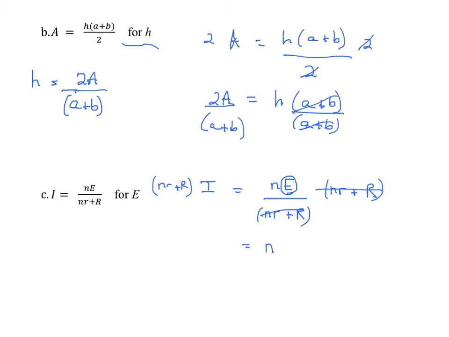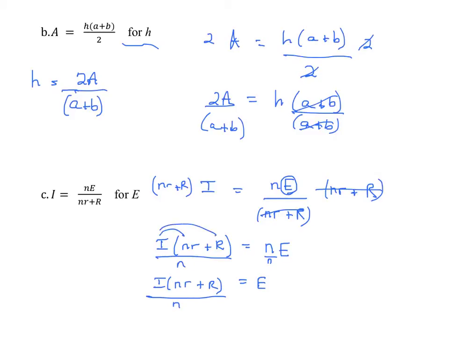So I'm left with n capital E equals I times (n little r plus capital R). Since I'm solving for E, I just divide everything through by n, and I'm all set. E is equal to I times the quantity (n little r plus capital R) all over little n. It's really important to put the parentheses in here, or you can distribute the I, either way. I prefer to just leave it like this.